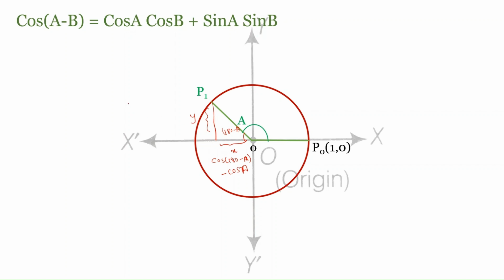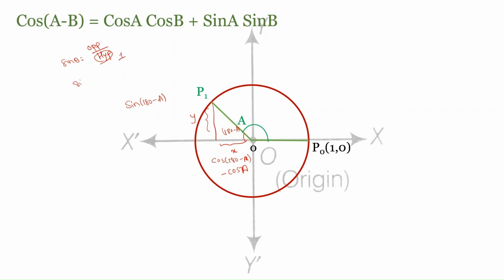Similarly, the vertical one is the opposite side for the angle. For the opposite, we'll have sine(180 minus A). You know the formula that sine theta is equal to opposite by hypotenuse. But here the hypotenuse OP1 is 1 unit, so we can just keep 1 in the hypotenuse place.